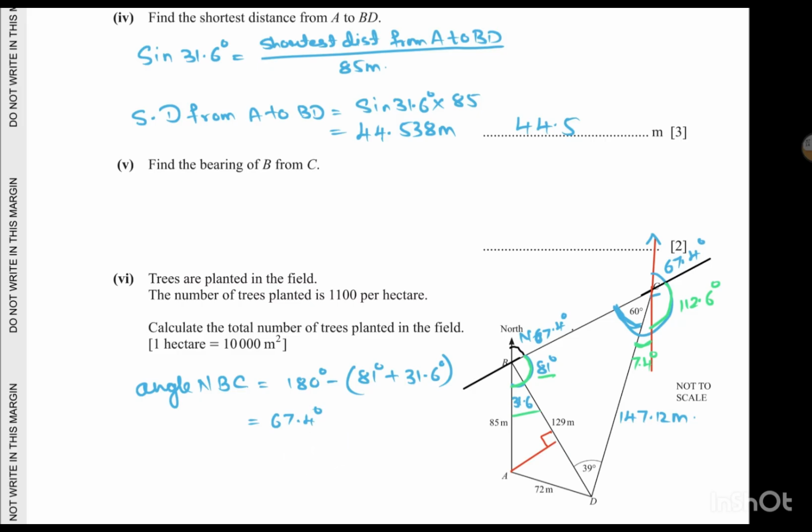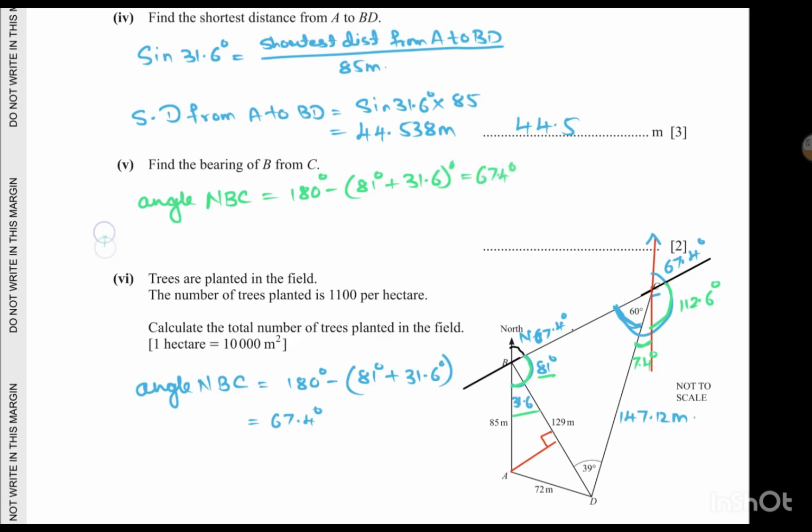Find the bearing of B from C. So let me write this angle, same statement here. I wrote it in the wrong place. So angle NBC is equal to 180 minus 81 plus 31.6, which is 67.4 degrees.